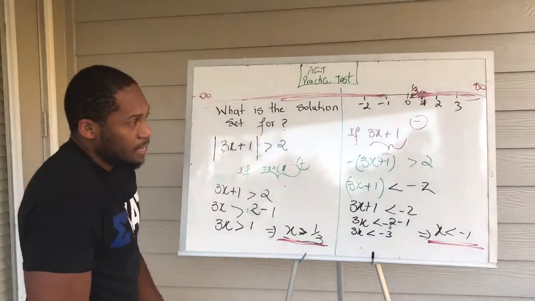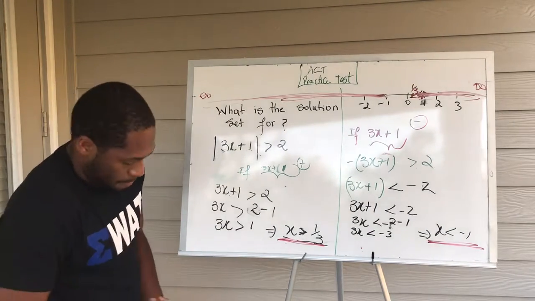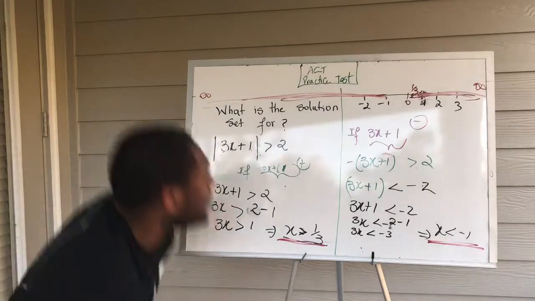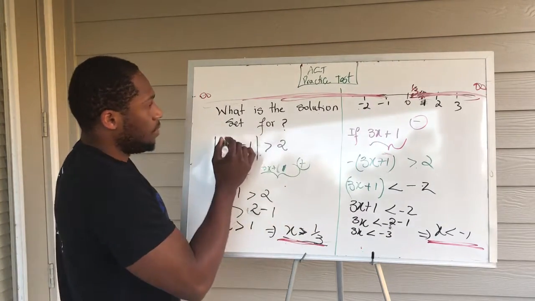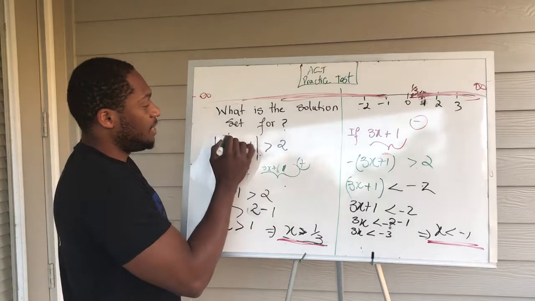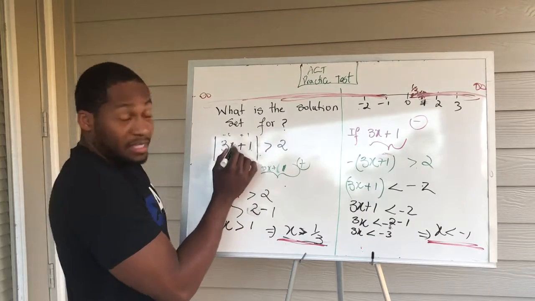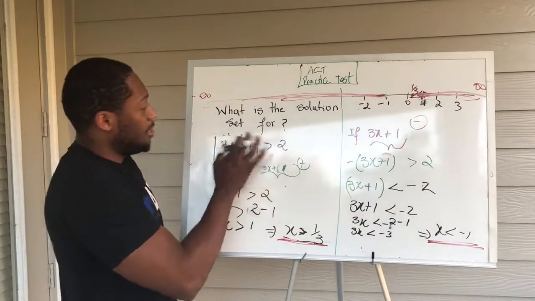So let's see if that's true. Let's take a number right here. Let's take negative 2. Negative 2 times 3 is negative 6, plus 1 is negative 5. The absolute value is 5, which is greater than 2. All right.